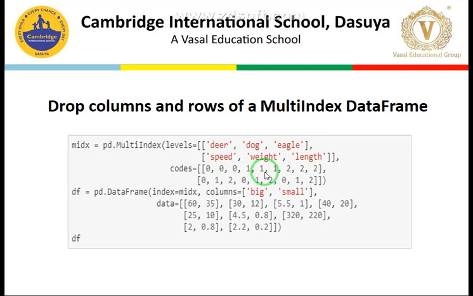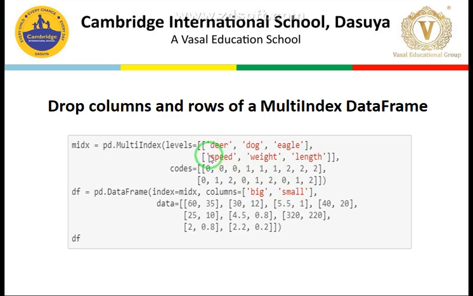Why is it written three times? Because we have three corresponding parameters for each of these animals. Then we have 111 for dog and 222 for eagle. Similarly, for the attributes we have the codes 012 for deer, then 012 again for dog, and 012 for eagle.